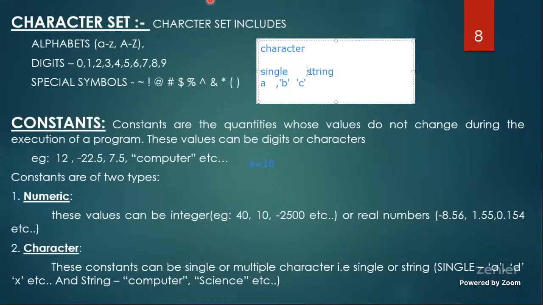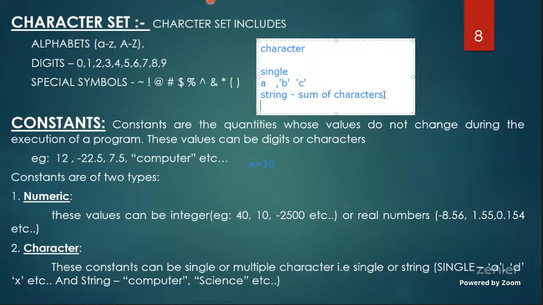But what is string? What do you mean by string here? String means nothing but a sum of characters. For example, you can take your name. It's a sum of characters, right? Or I can write computer. A group of characters, yes.